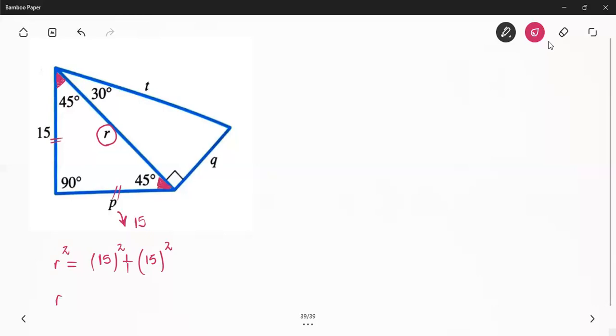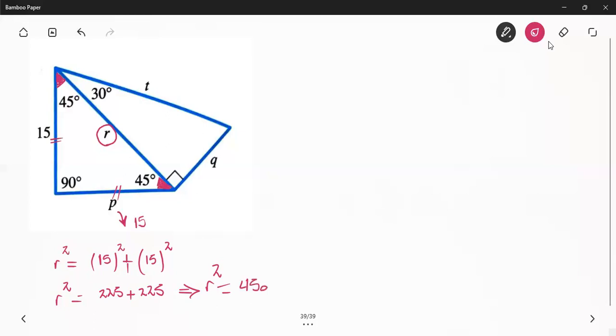R squared equals what? How much is 15 times 15? 225. So 225 plus 225. Then as a result, we get R squared equals how much? 450.